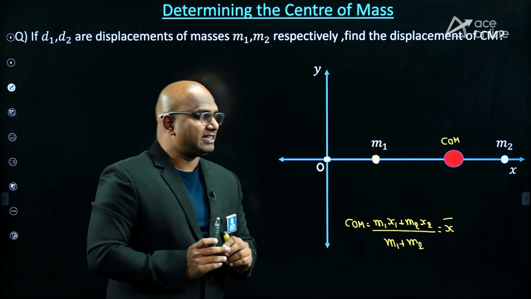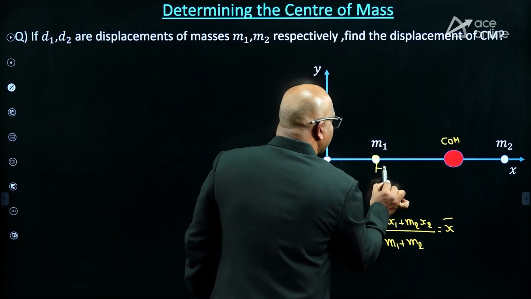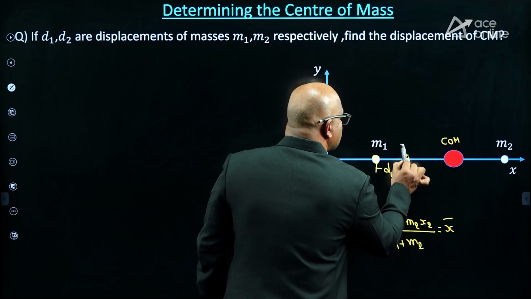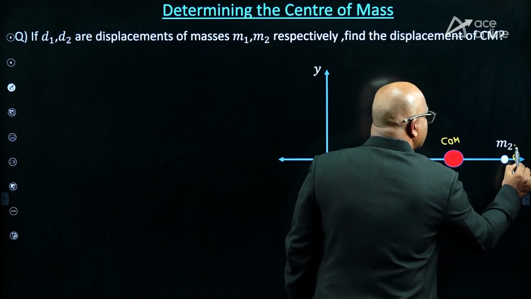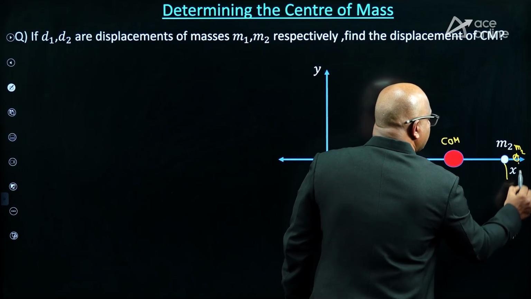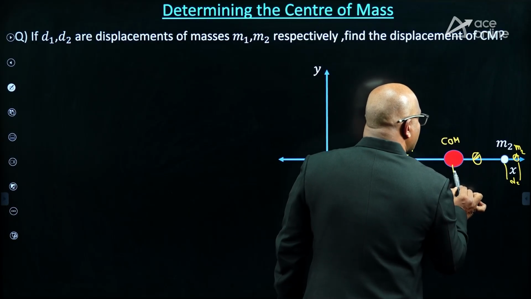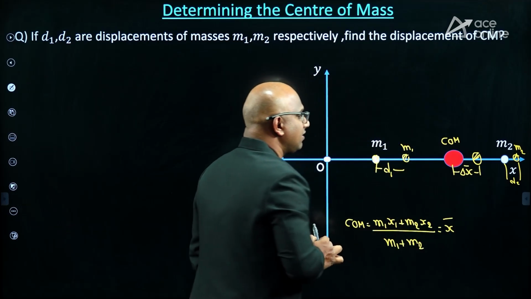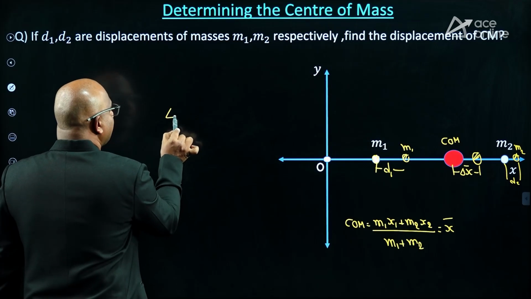But here, if I move this mass by d1 distance, so this is the new location of m1. If I move this mass by d2 distance, then how much will the center of mass be moved? So delta x bar, how much will the center of mass move? Small shortcut here, guys, listen carefully.